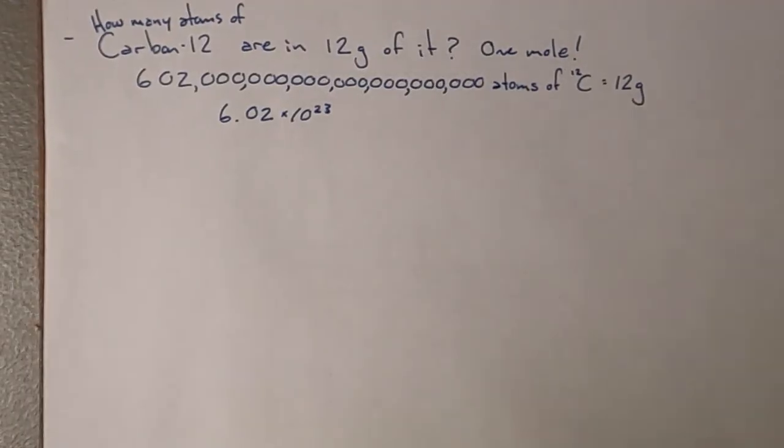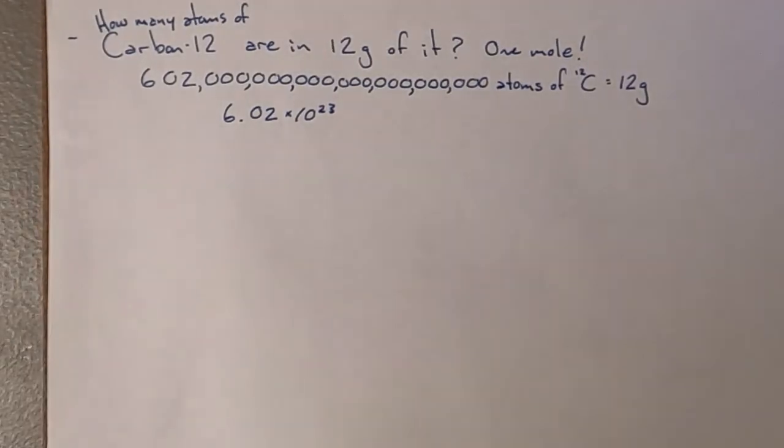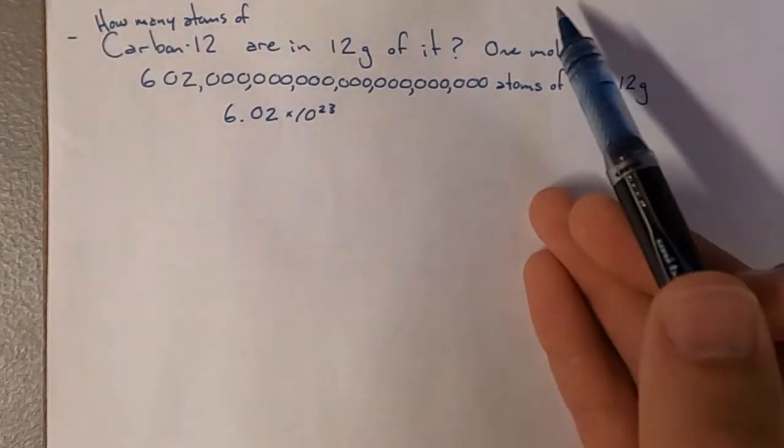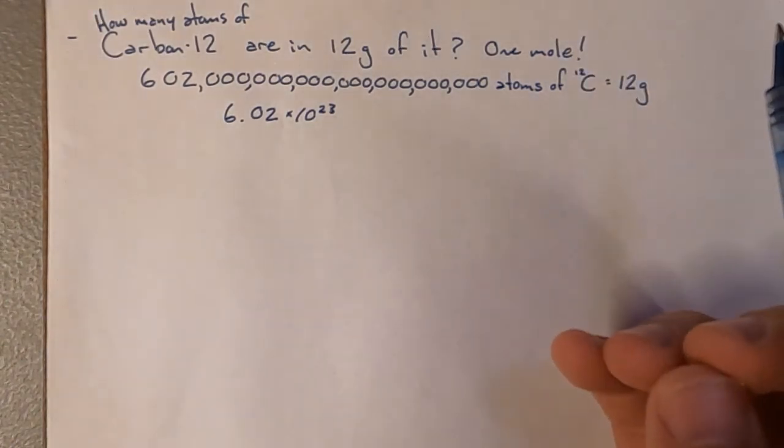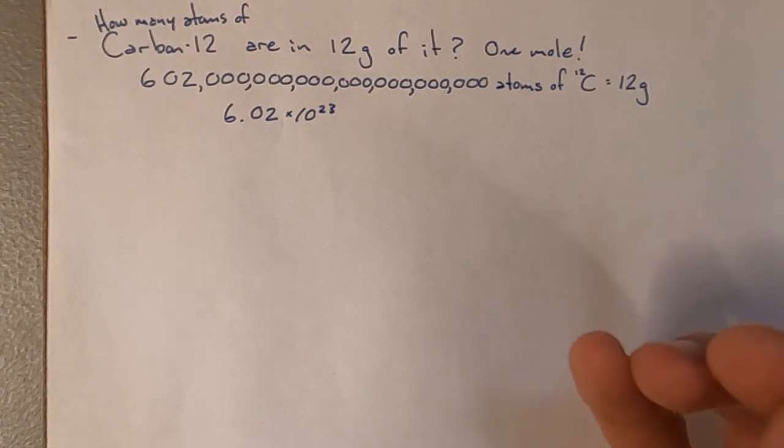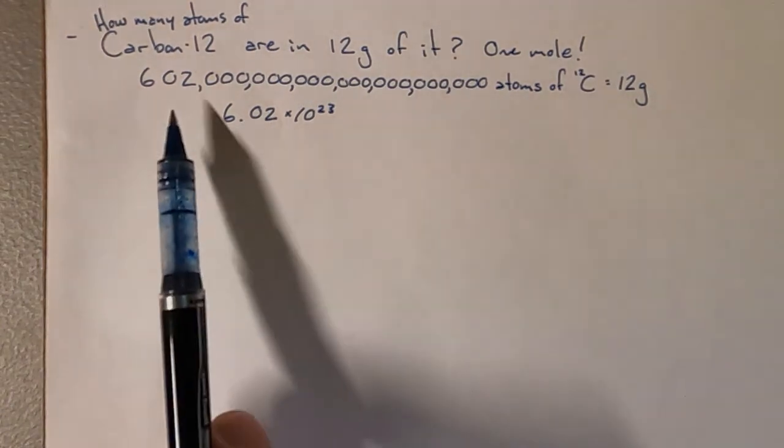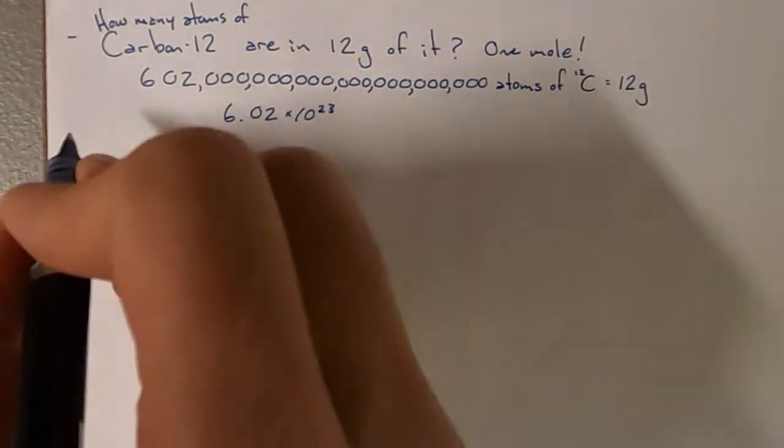And to relate this not just to carbon-12, but to other substances on the periodic table, as well as compounds that contain many elements, the mass of something, its molar mass, is how many grams have this many atoms.